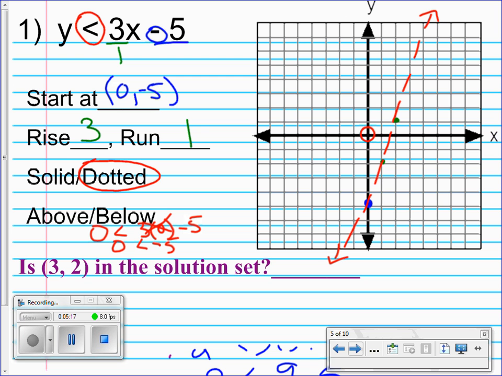Is 0 less than negative 5? No, it's not. 0 is a number that's greater than negative 5. So this point does not make it true, so then I want to shade below.